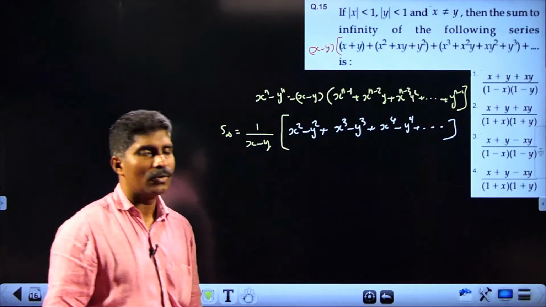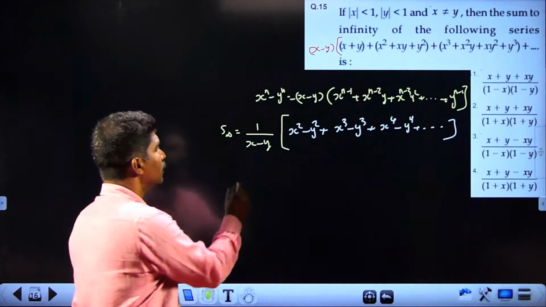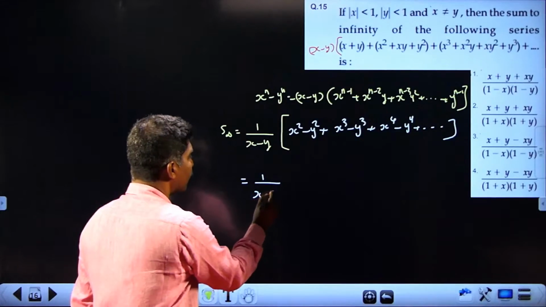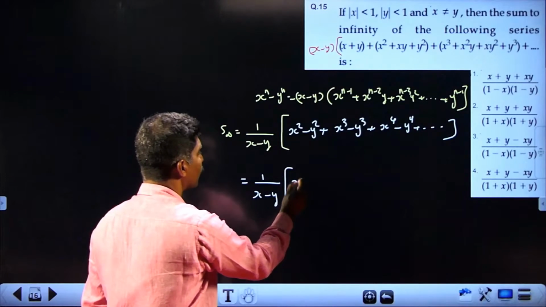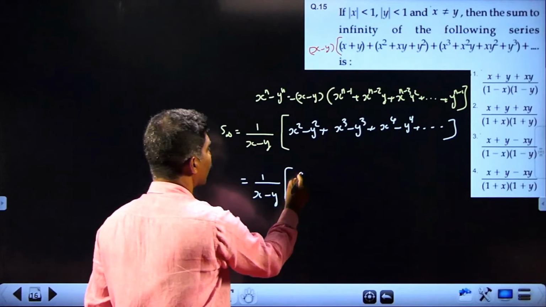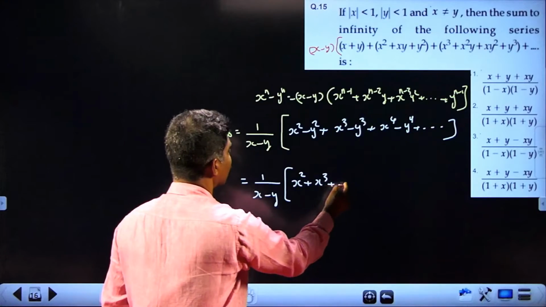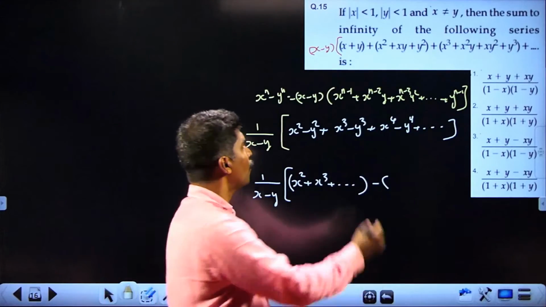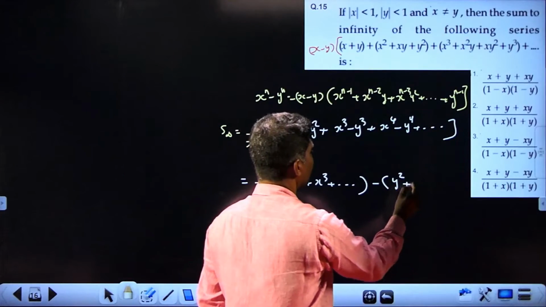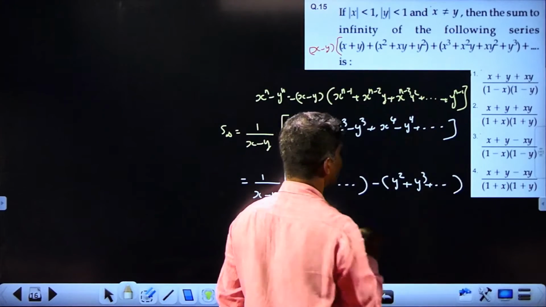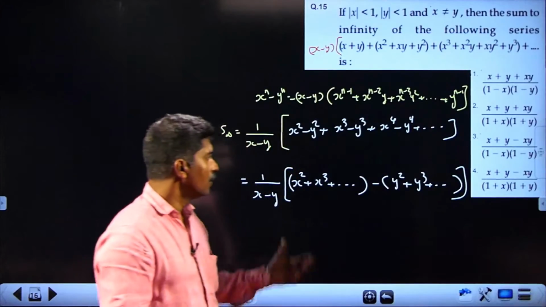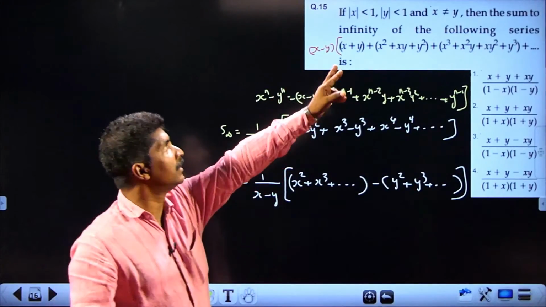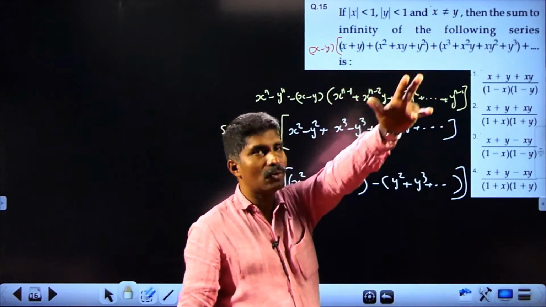Okay, very simple now. We will split this into two GPs. One divided by x minus y into positive terms, which are x square plus x cube plus etc. And the negative terms you will take a negative outside: y square plus y cube plus etc. These are two infinite GPs. Why?